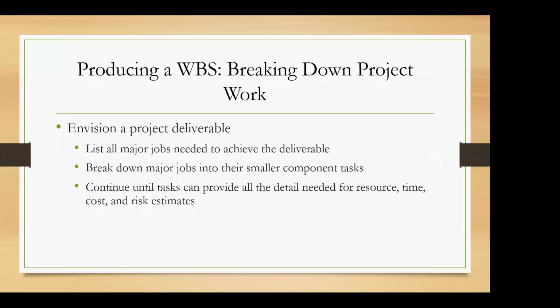Then every major job will be broken down into smaller component tasks. You continue breaking down the jobs further until you have come to the required level of detail, so that you will be able to plan and estimate the resources, time, cost, as well as the risk.